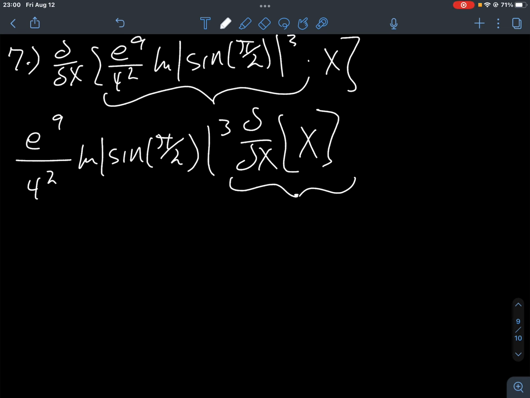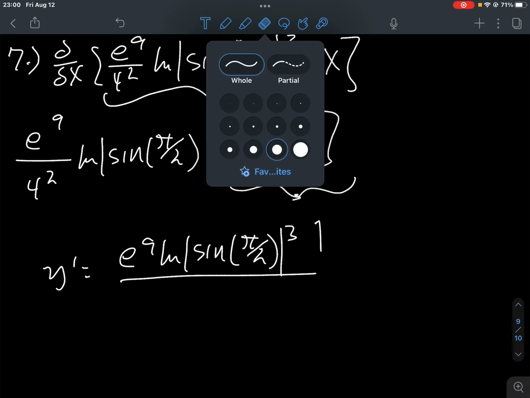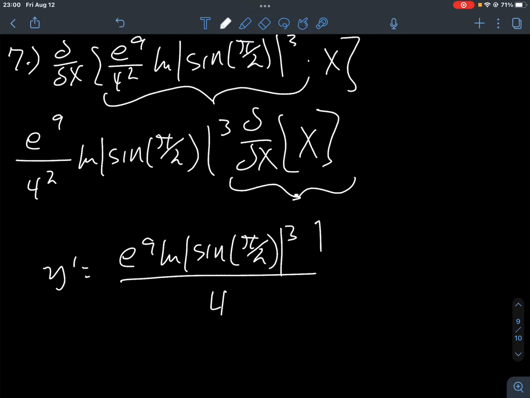The derivative of x is just 1. So y prime is simply equal to e to the 9th ln absolute value of sine of pi halves cubed, all over 4 squared.